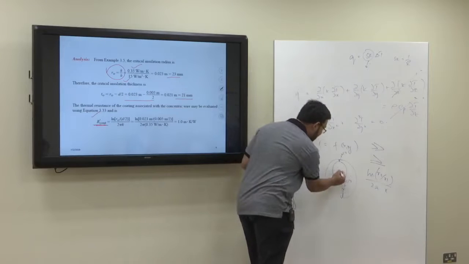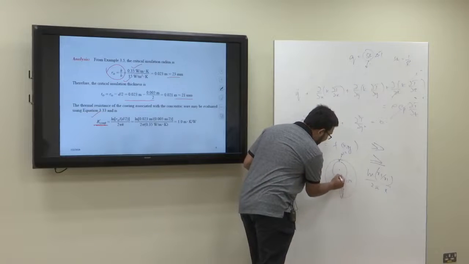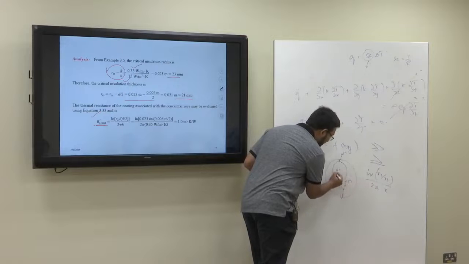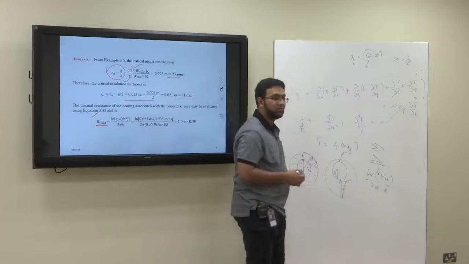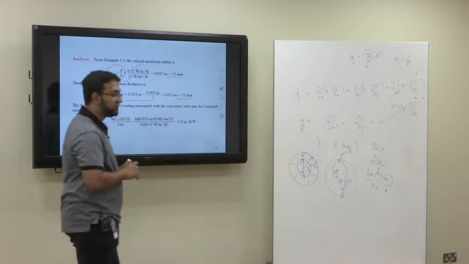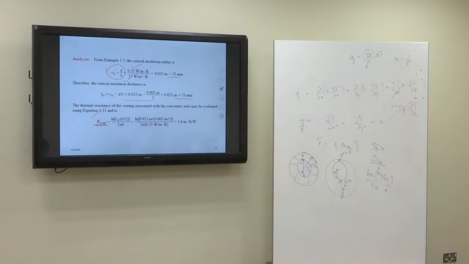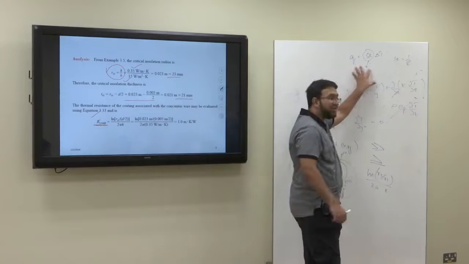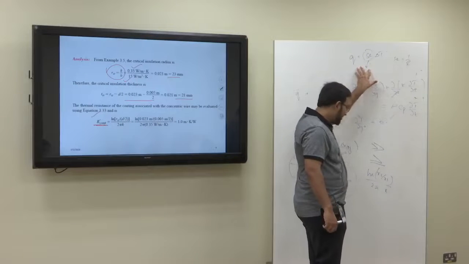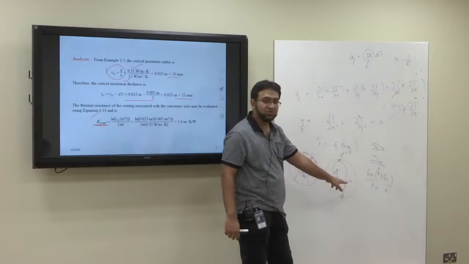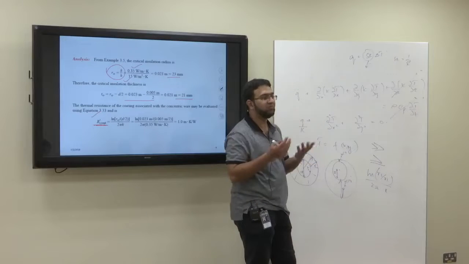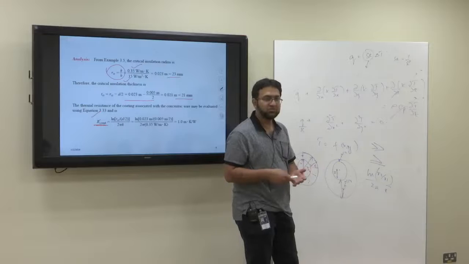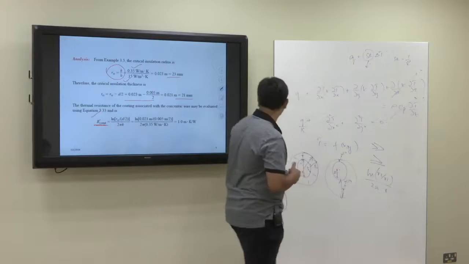So the center here is this, center here is this, and if there is a change in center, let's call this Z. If you have an eccentricity, then what will be the resistance? So we find out the resistance using the formula there. We already know the resistance for the original case. The change in resistance is what we needed to find. How much is the change in thermal resistance?